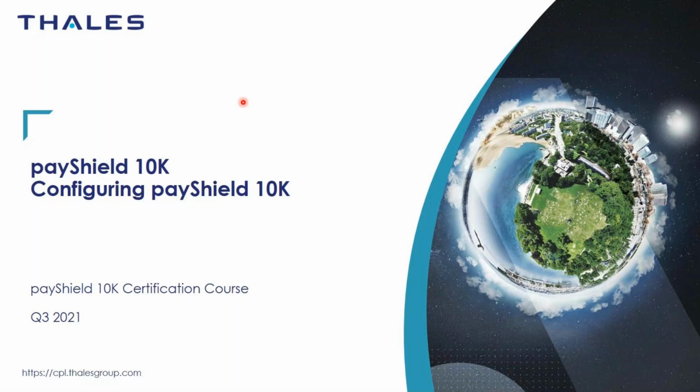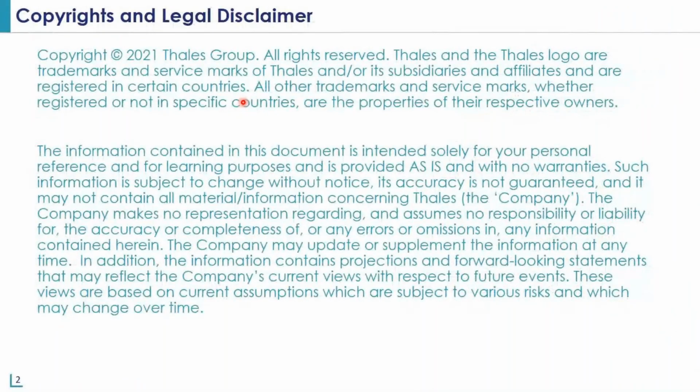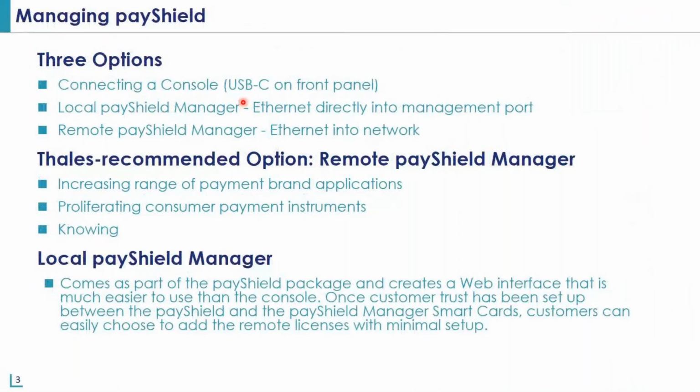Perfect. So let's continue with the third module about configuring your PayShield 10K. If you have to access your PayShield 10K for management, for configuration, you have three different options. The first is you use the serial console connection. That will be a physical connection with your PayShield.